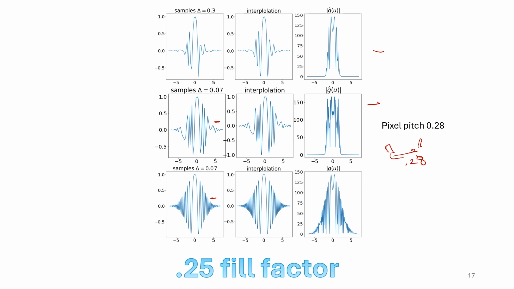So the bandpass is maybe just a little bit greater than when we have a larger pixel. But the high frequency signals appear as low frequencies because of this aliasing effect.